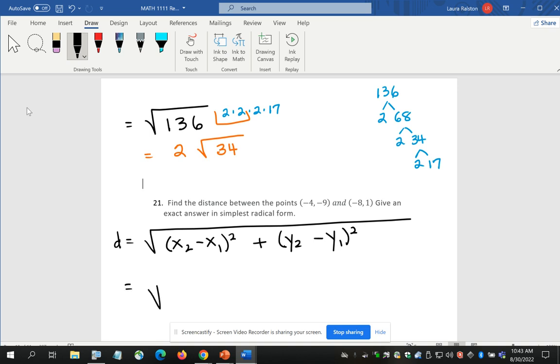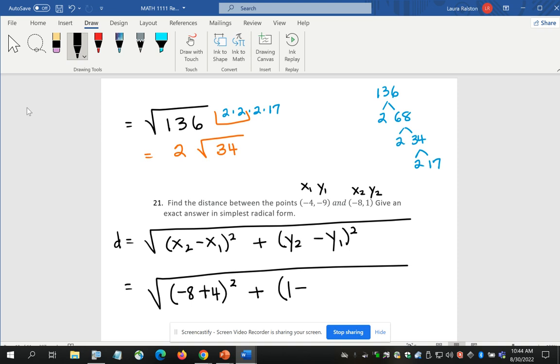You have x1, y1, x2, y2. So I have -8 minus a minus 4, which is plus 4, squared, plus 1 minus a minus 9 makes plus 9, squared.